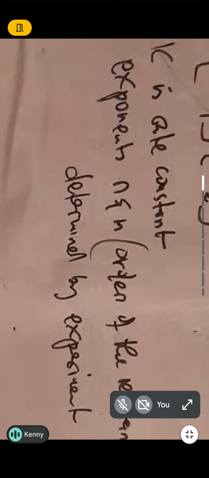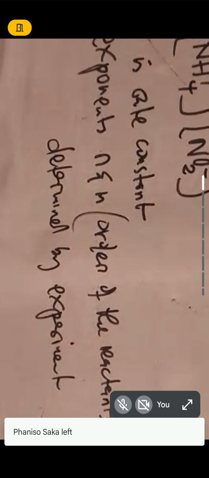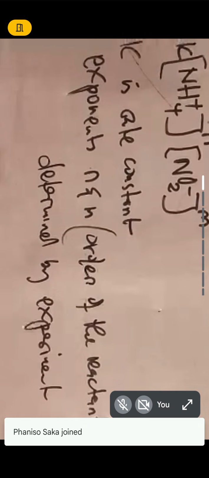Okay, then k is unique for each reaction. k changes with temperature.